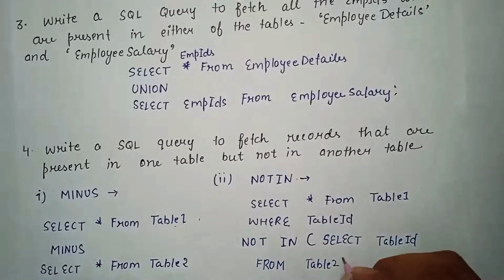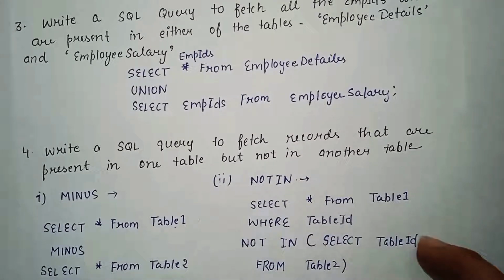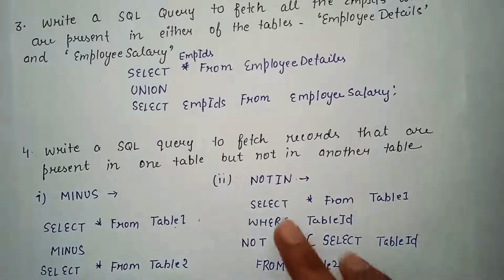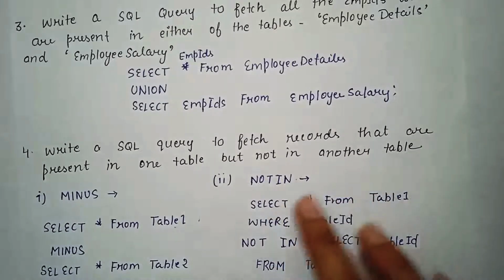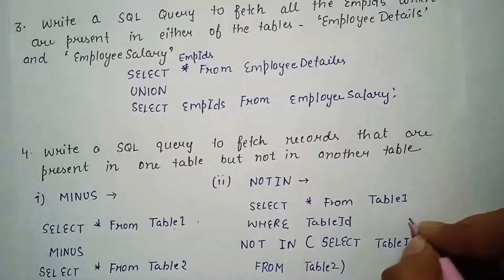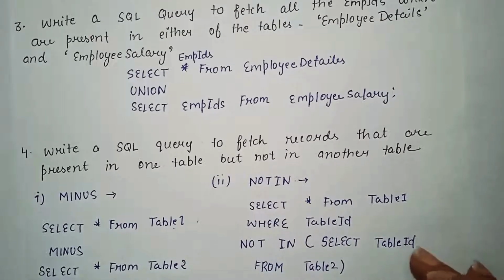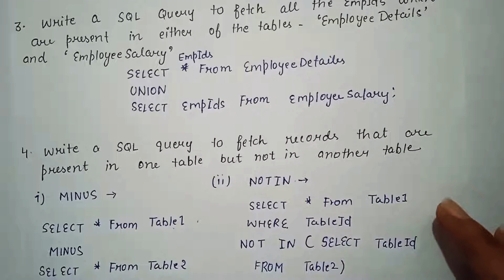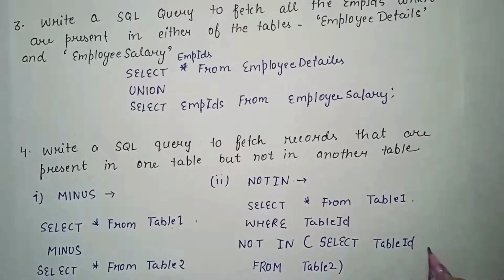Okay, so what this subquery will do is simply fetch out all the IDs from table 2, and then for table 1, this outer query will fetch out all the IDs that are not one of these IDs. So with the help of this not in operator, we will fetch out those rows that are present in this table but not in this table. Okay, so this is the second method.